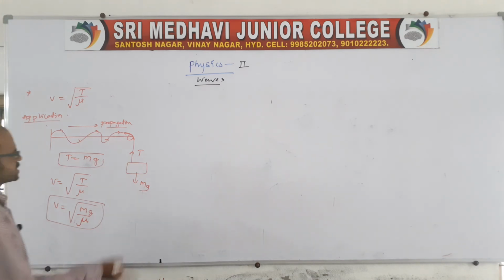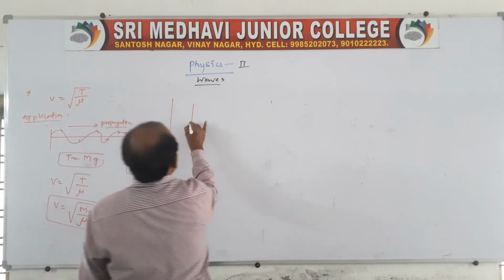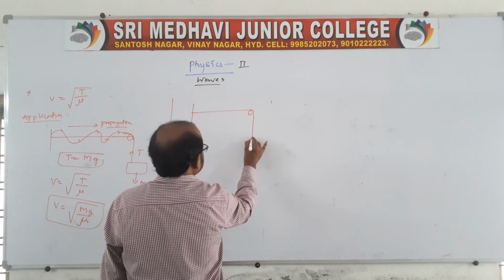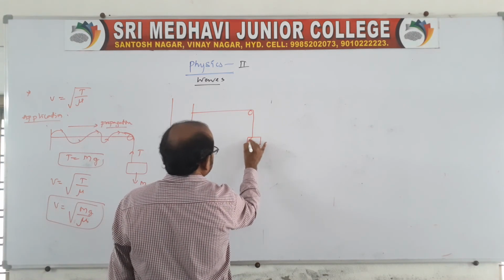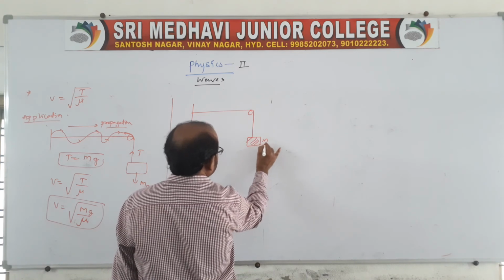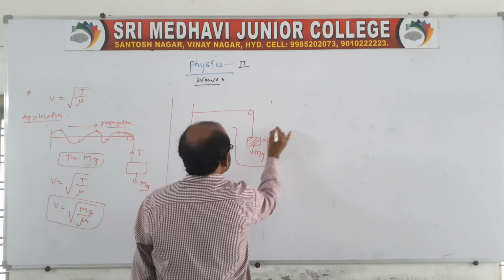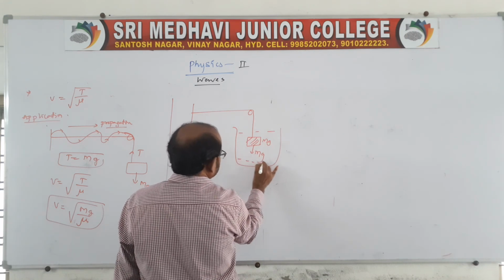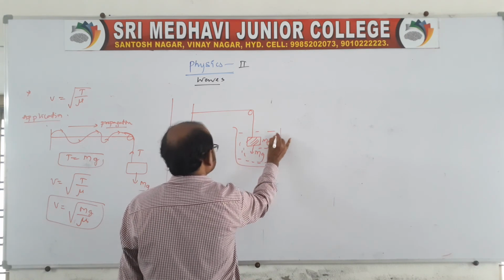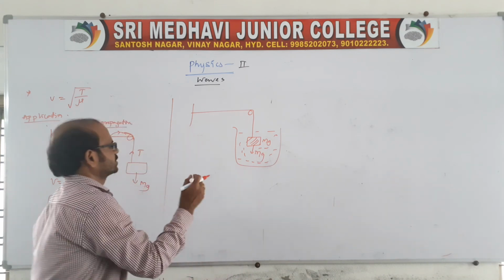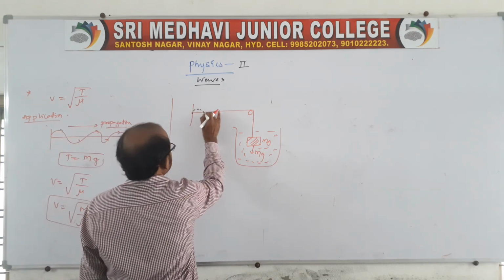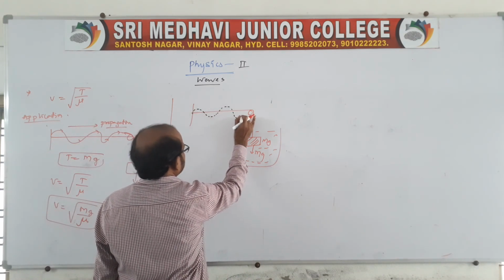Suppose another situation. You take the same string passing over a pulley, with a weight mg acting down, and the body is placed in a liquid. The wave will propagate like this.